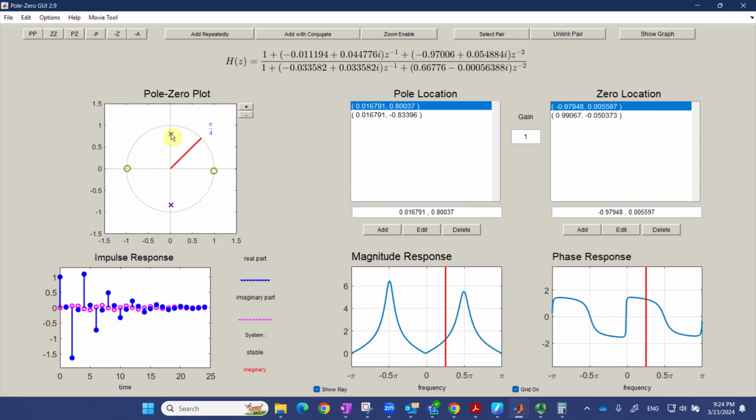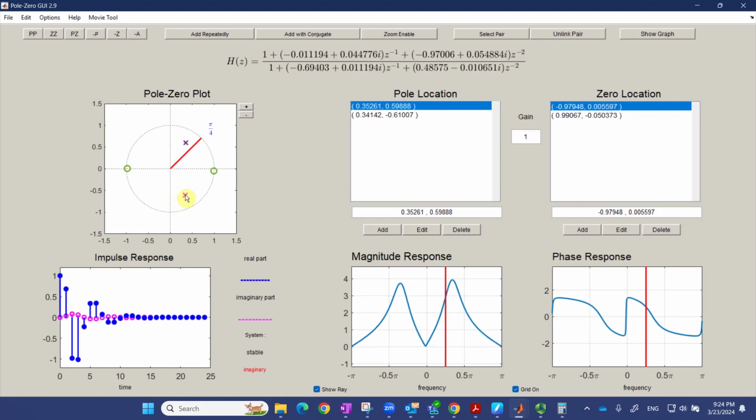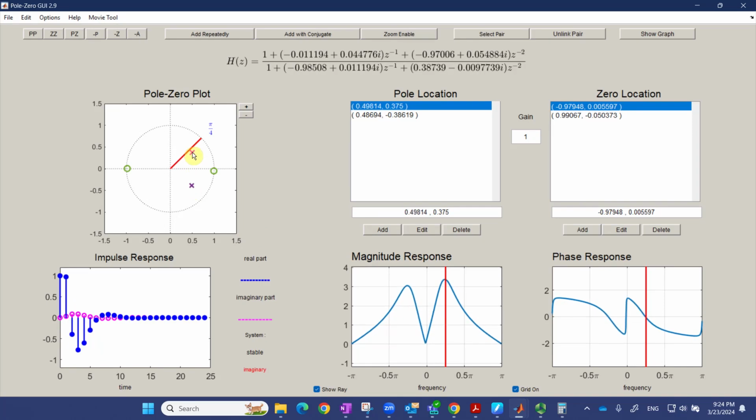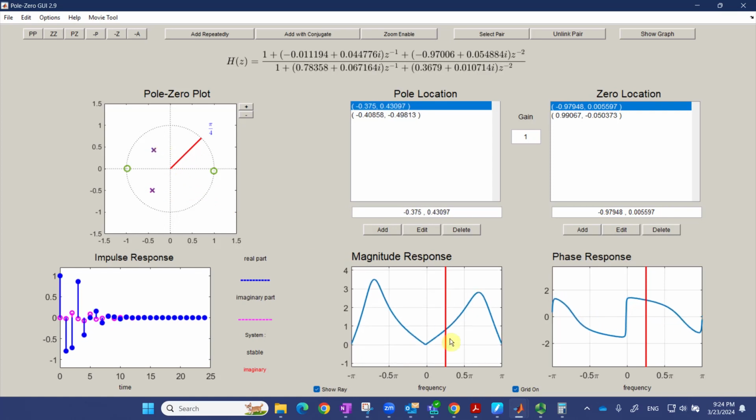The angle of these two poles affects the center frequency. If you go this way, smaller, you will see the center frequency get close to 0. Let me keep going. You can see it keeps going to 0. But if you put this one to the other side, at a negative angle, you can see it goes close to pi.